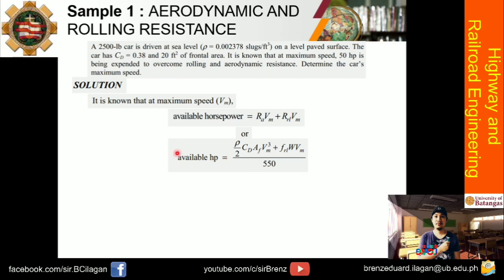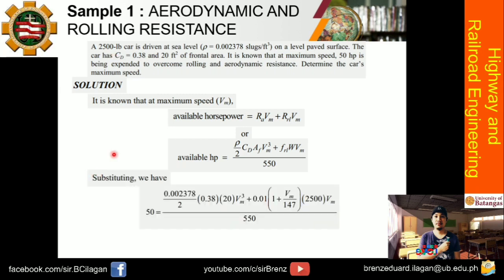Okay, so from that, substitute the given values based on our problem. So substituting that, we will arrive at an equation of 50 horsepower is equal to rho, or 0.002378, divided by 2 times C sub D, or 0.38, times A sub F, or our frontal area of 20 feet squared, times the V sub M cubed, or the unknown we are looking for.